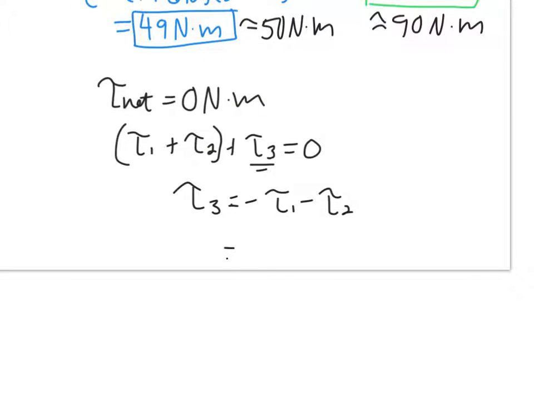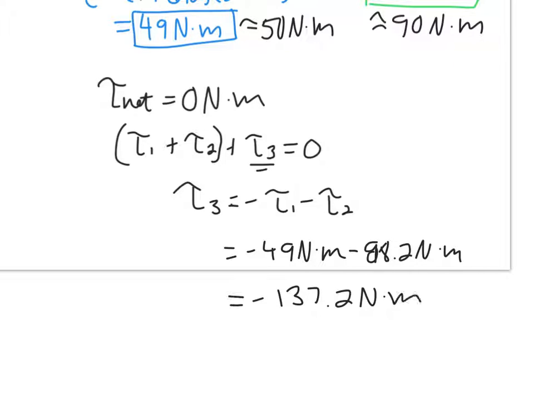So this equals our unrounded negative 49 newton meters minus 88.2 newton meters. So this equals negative 137.2 newton meters. Torque equals force times the radius. We already figured out what the force was. So torque over force will give me that distance.